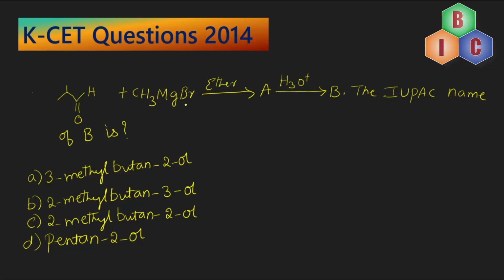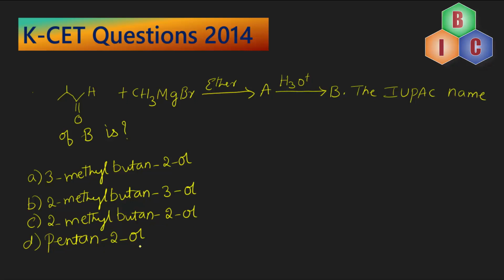You know this is Grignard reagent, and in presence of ether it is giving a compound A, which upon hydrolysis, of course we are talking about acid hydrolysis, is giving compound B. The IUPAC name of B is: option A, 3-methyl butane 2-ol, or 2-methyl butane 3-ol, or 2-methyl butane 2-ol, or else pentan 2-ol.